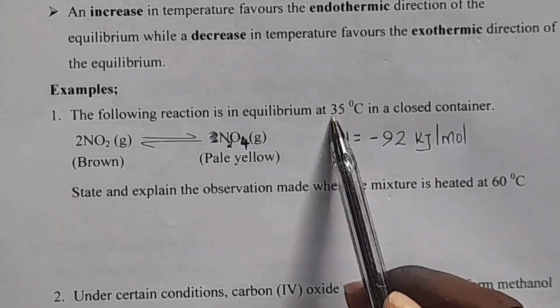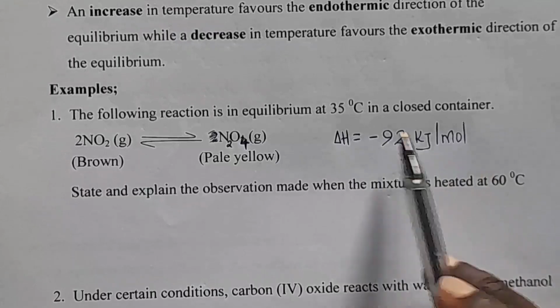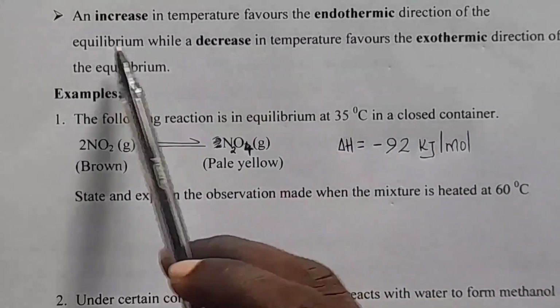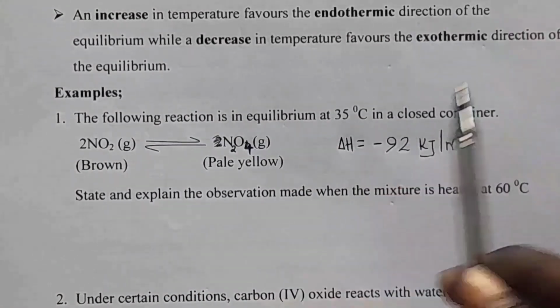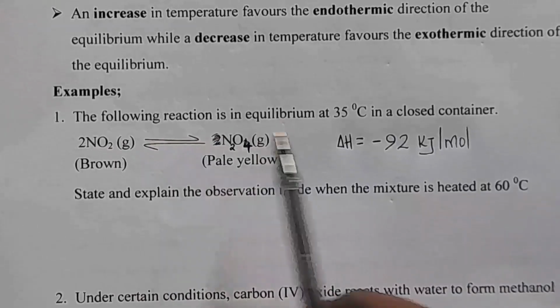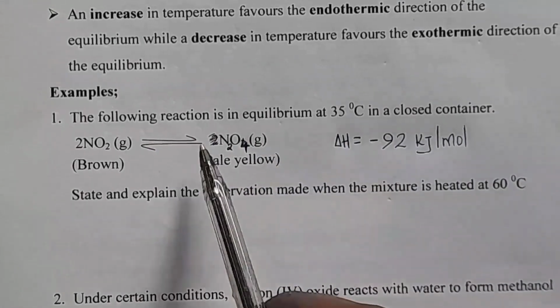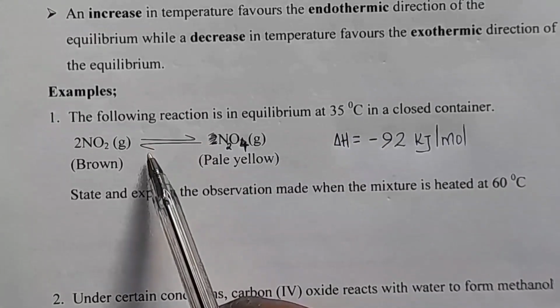So here we have 35 degrees Celsius. That means when it is heated to 60 degrees Celsius, there is an increase in temperature. And if we check here, an increase in temperature favors the endothermic direction. If you check this reaction in the forward direction, it is exothermic because we get a negative enthalpy. But that means the other side, the backward direction, is the one that is the endothermic process.